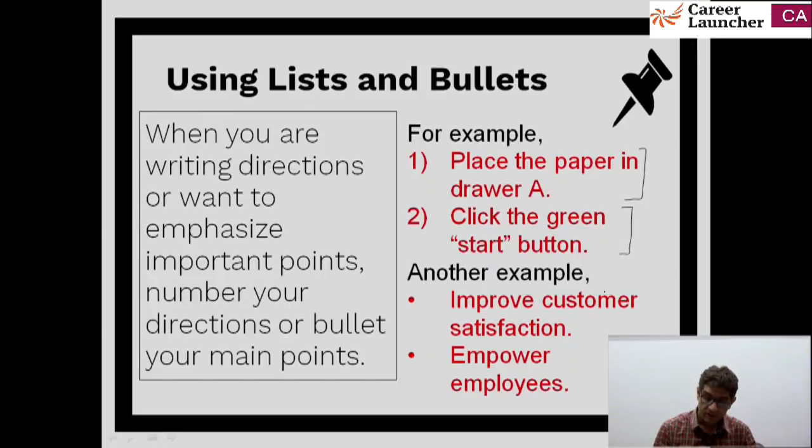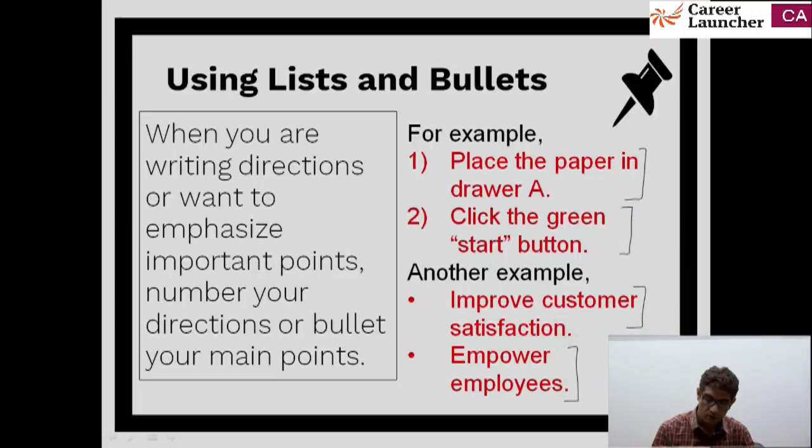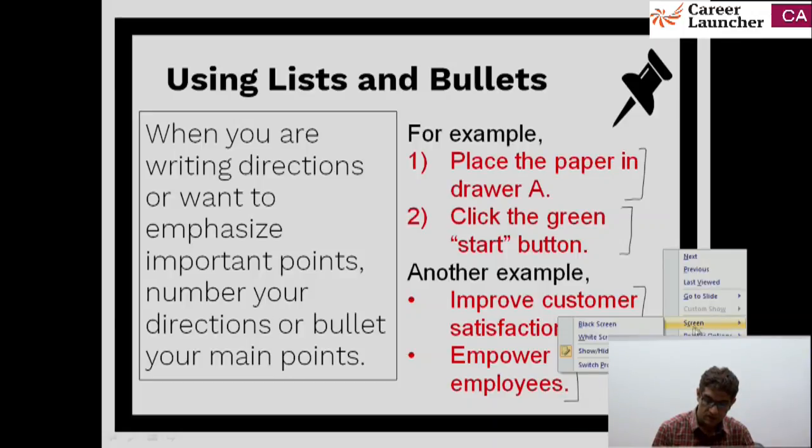In the other case, you are listing down the various things that you want to achieve. So, improve customer satisfaction, empower employees. It makes it concise and introduces a lot of white space around. We are also using color to highlight these things, and all of that can on the whole bring about a much better, desired change in the overall experience of the reader.